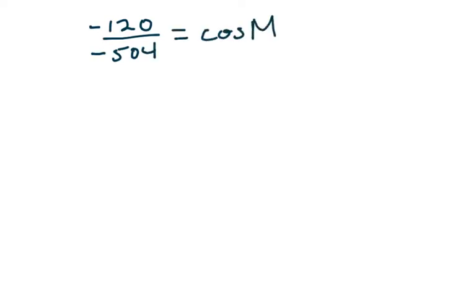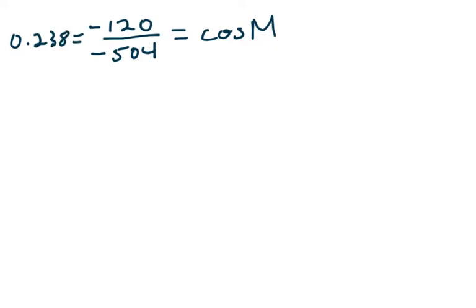I put all that into my calculator, and you can go do that, and you'll end up with, I believe, negative 120 divided by negative 504. That'll be what your cos M would equal. Now, if you really care, that's 0.238. I don't usually even write that down.